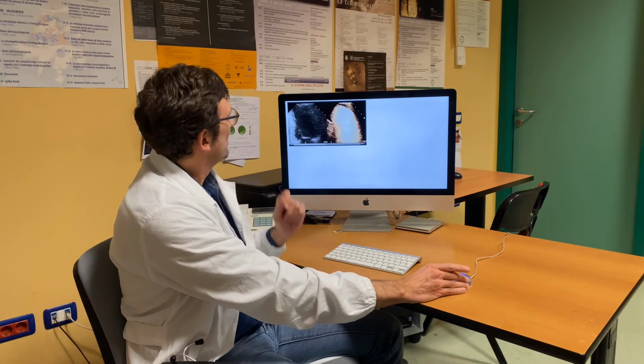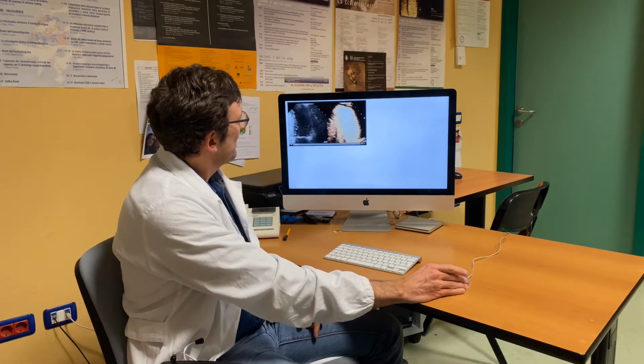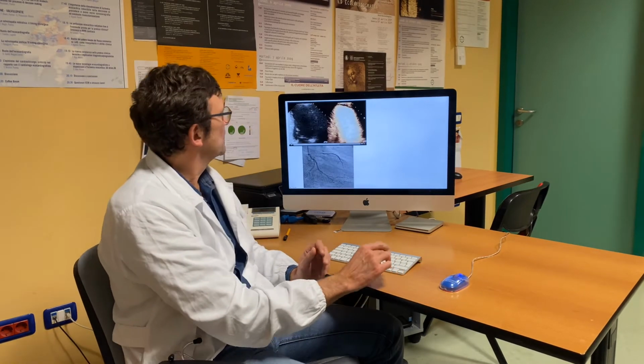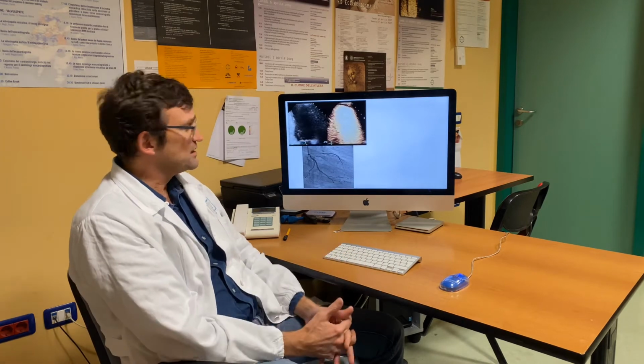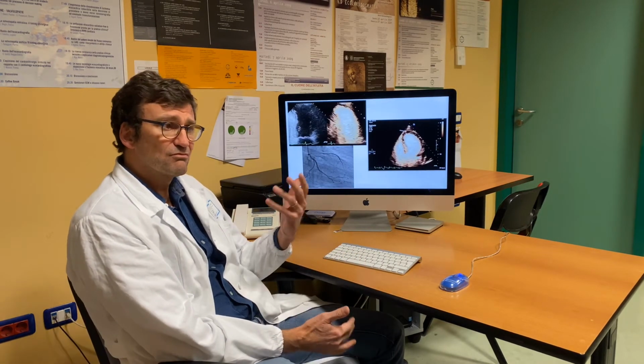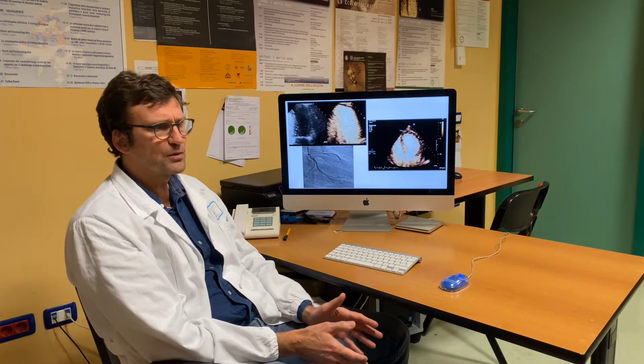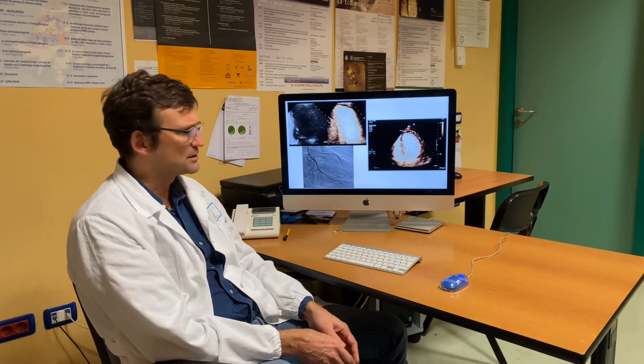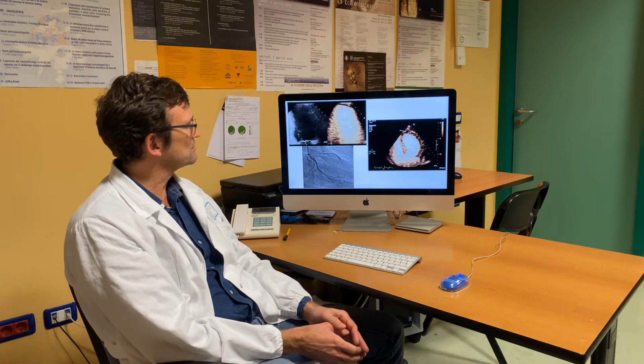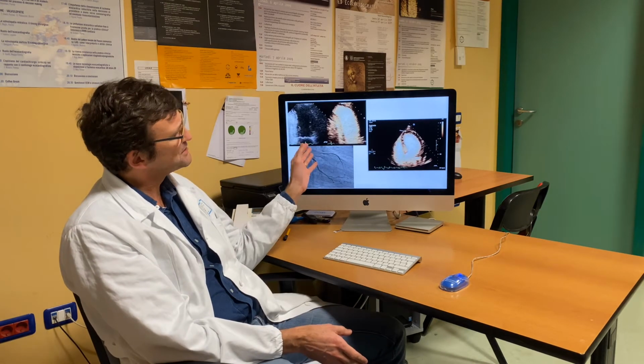These segments are probably akinetic, and so you could detect a severe LAD disease in a patient with chest pain when your high sensitivity troponin is borderline, you have no delta, and the chest pain is not clear enough. So it helps a lot.